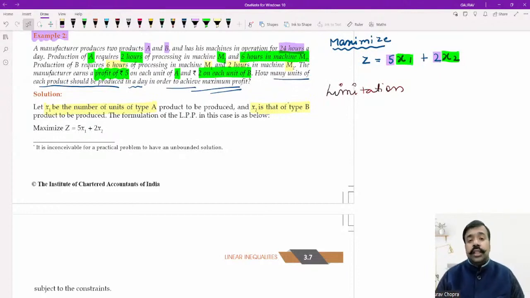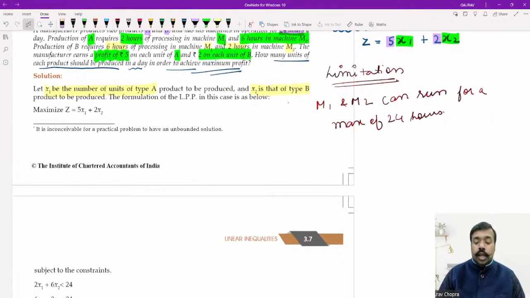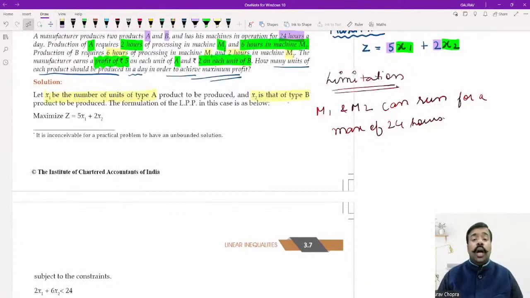So 24 hours is the daily limit, for machine M1 as well as for machine M2. So our limitation is that M1 and M2 can run for a maximum of 24 hours in a day. If the machine is running for 24 hours, how many units can it process, for A as well as for B?